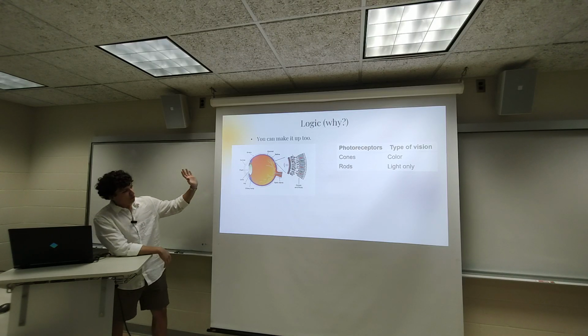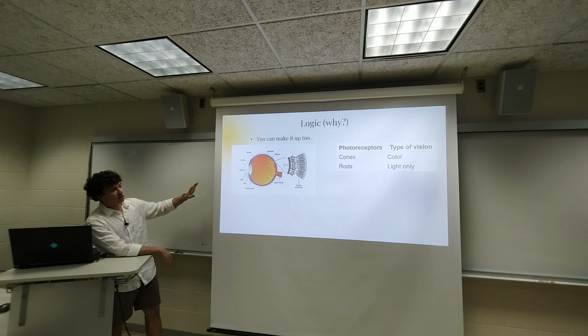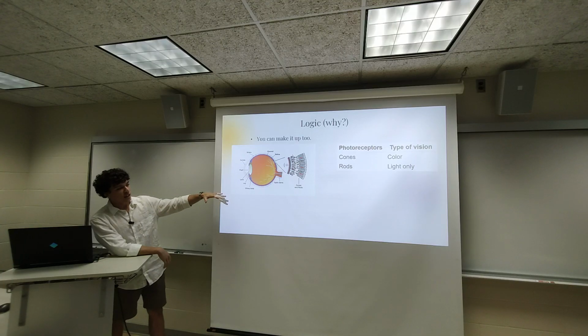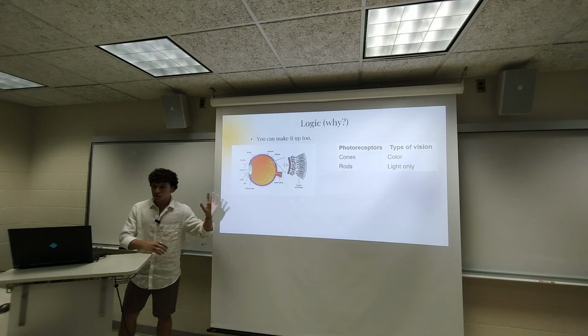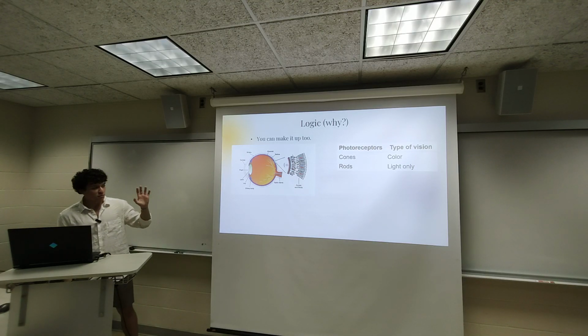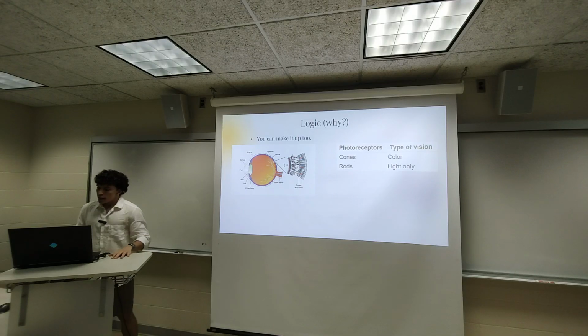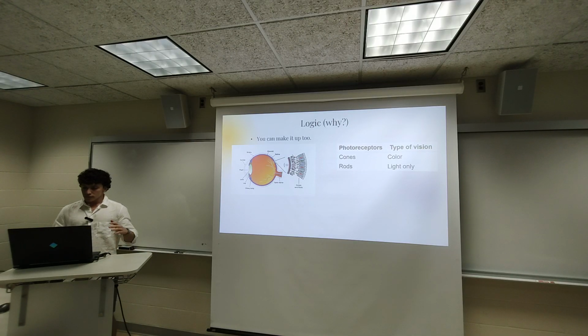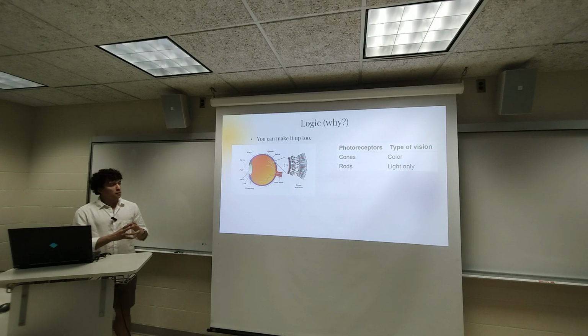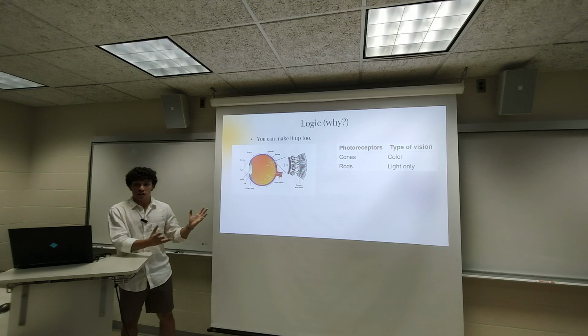Imagine we are studying biology and trying to learn that of the photoreceptors we have, cones are related to color, and rods are responsible for light only. You could make the logic up.